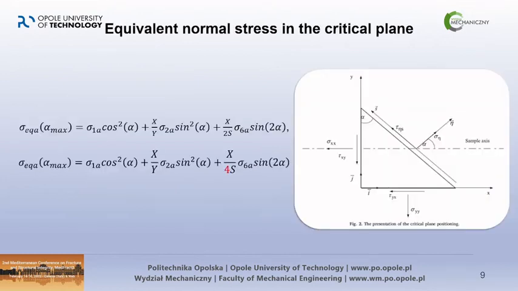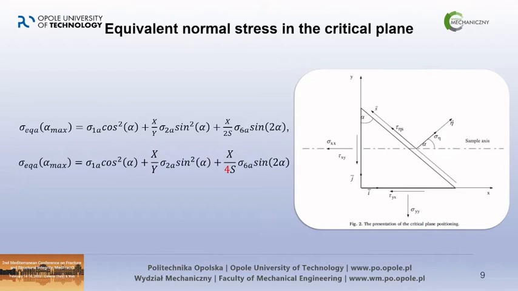The criteria which have been presented up to now, Hill and the Norris criterion, are useful, and they are used with positive response. However, due to the fact that they are non-linear, they cannot be applied to non-proportional loads, for example.